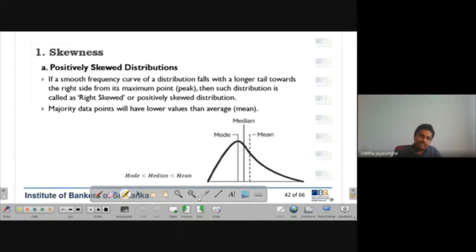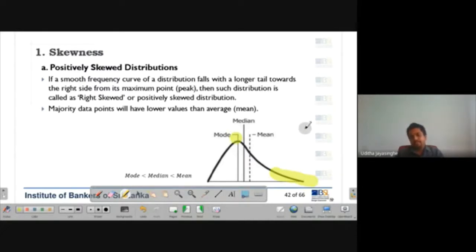The first one is a positively skewed distribution. I'm taking it through the text. If a smooth frequency curve of distribution falls with a longer tail towards the right side of its maximum point, this point, then such a distribution is called right skewed or positively skewed.